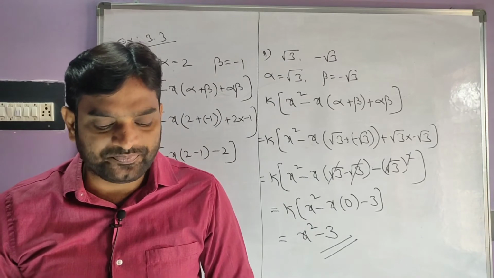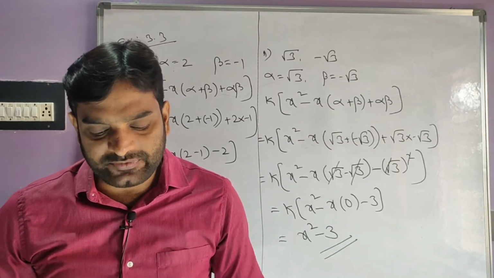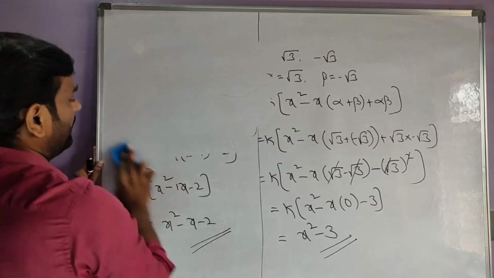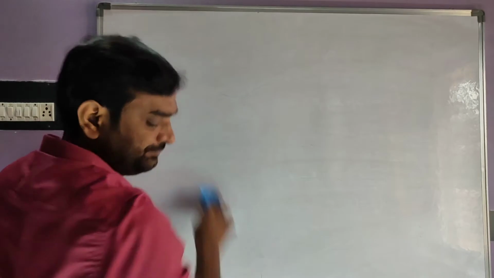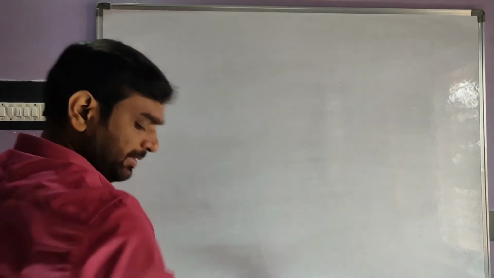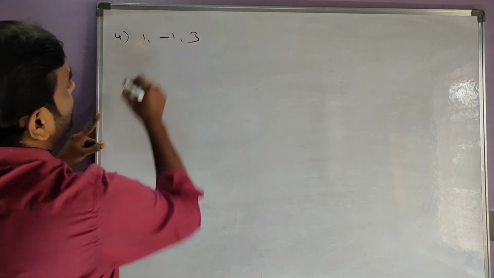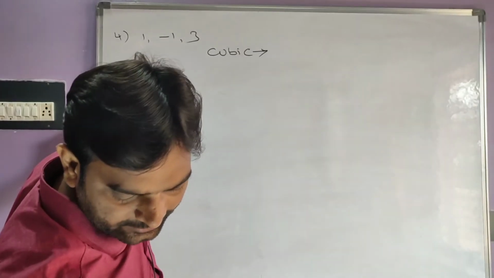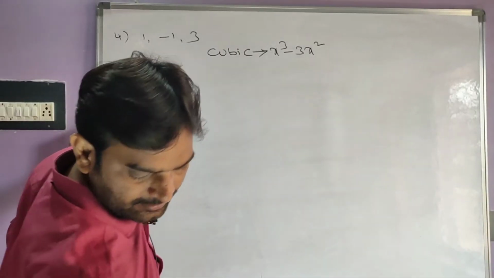Now coming to the fourth problem: verify that 1, minus 1 and 3 are the zeros of the cubic polynomial x cube minus 3x square minus x plus 3.